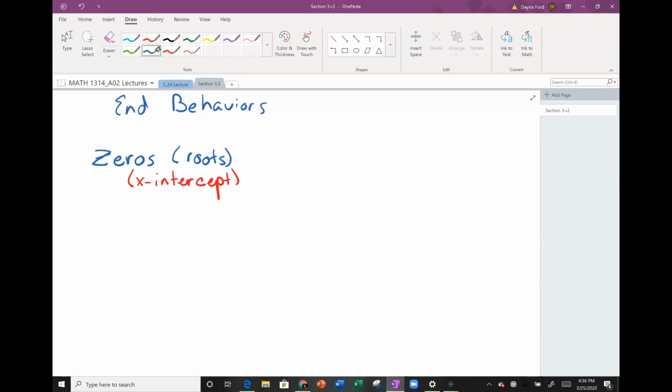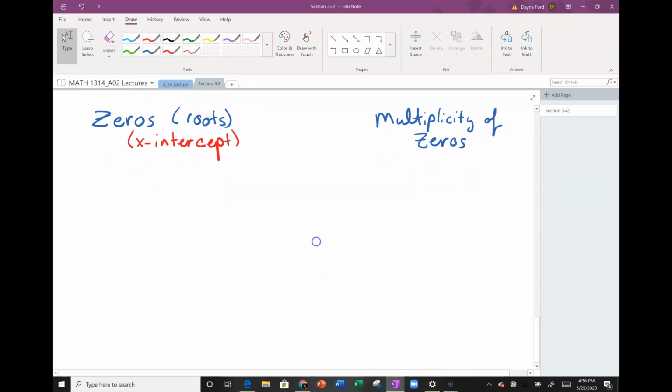The other thing that we're going to talk about is the multiplicity of the zeros, or of the roots. So I want to first look at one of our functions that is already in factored format for us.